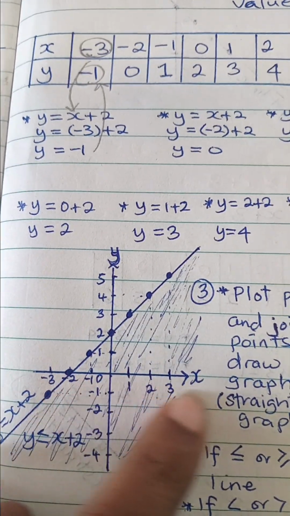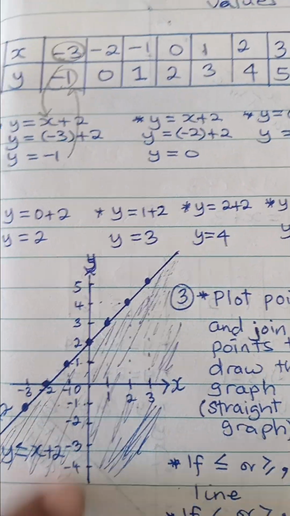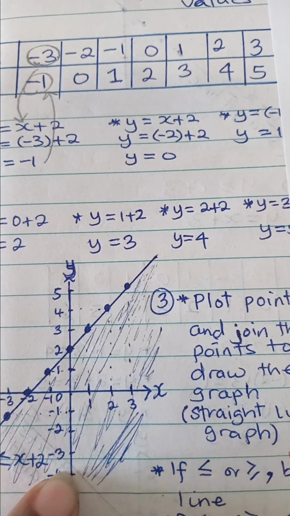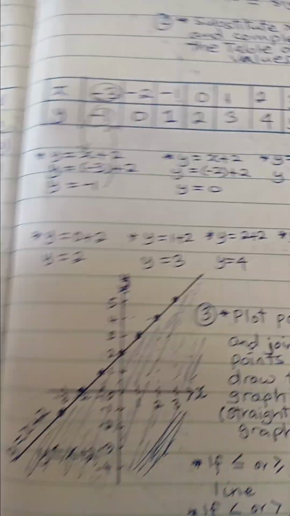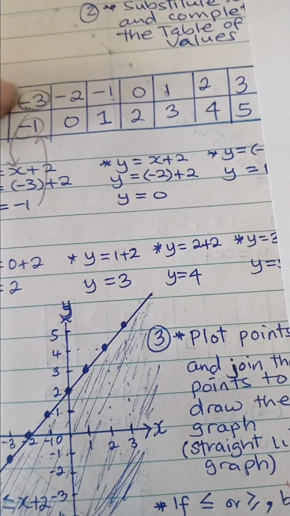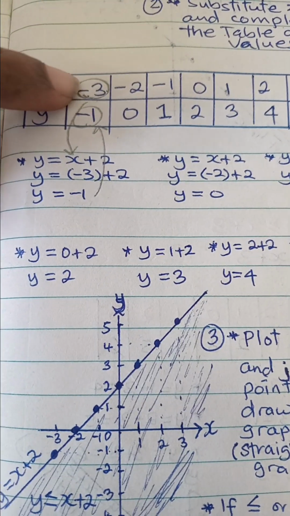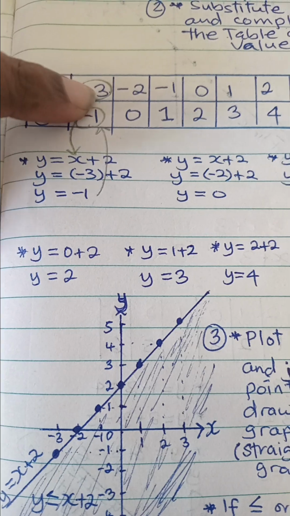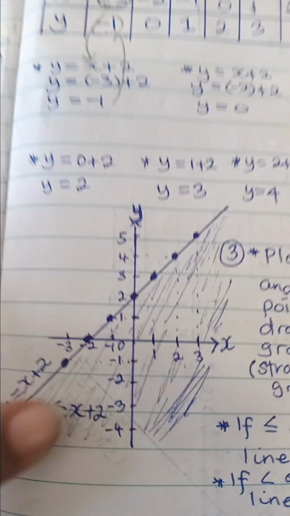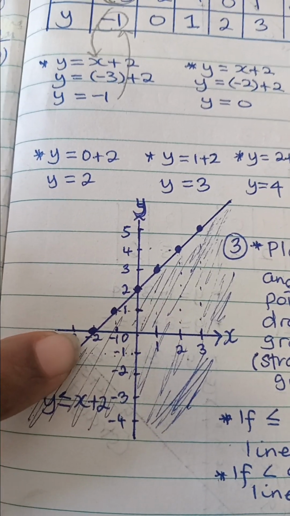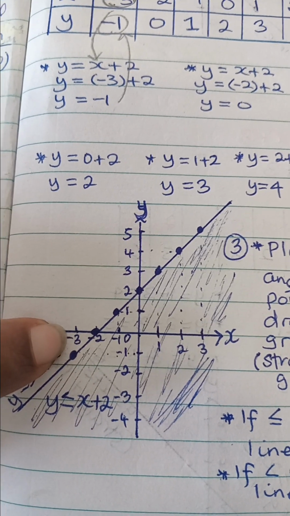After drawing my x and y axes, I plot each of these points in the plane. The first point has an x-coordinate of -3, so going across the x-axis, this is -3.